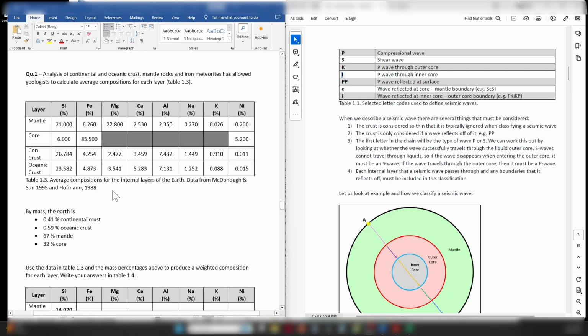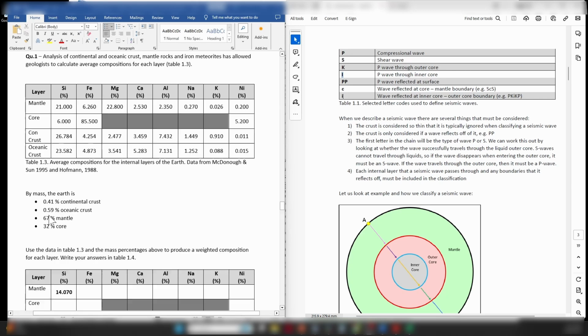Now, another piece of information that geologists can come up with is, once we know what each layer is made up from, we have the average composition, and we know the thickness of said layer from geophysics, from part 1, from the seismic data, we can then work out exactly what percentage of the Earth's total mass each layer represents.